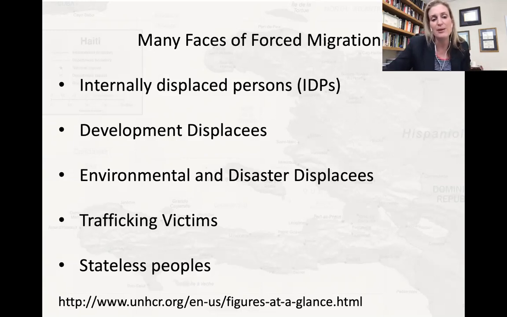This also happens in Thailand, where ethnic minorities or people born to foreigners, non-nationals, will not automatically be granted citizenship. And so people can end up being stateless. There are 10 million estimated stateless people in the world.